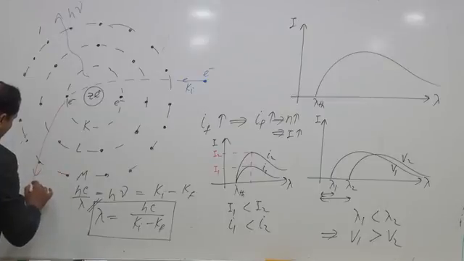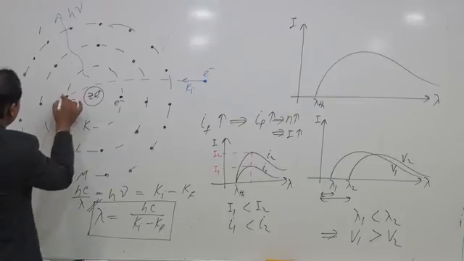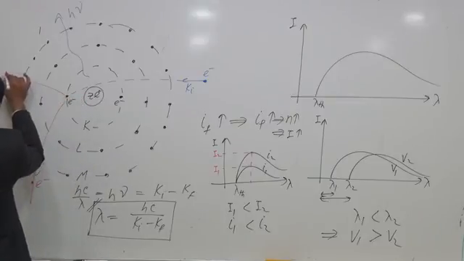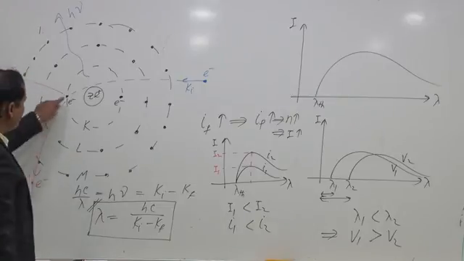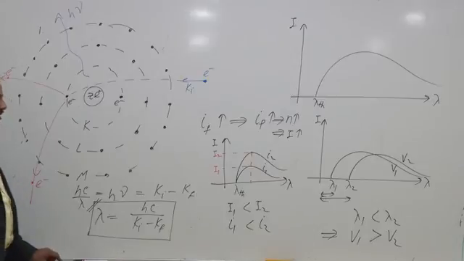Suppose the orbital electron comes out as well as the bombarded electron goes out. Both go out, creating a vacancy in the inner orbit.